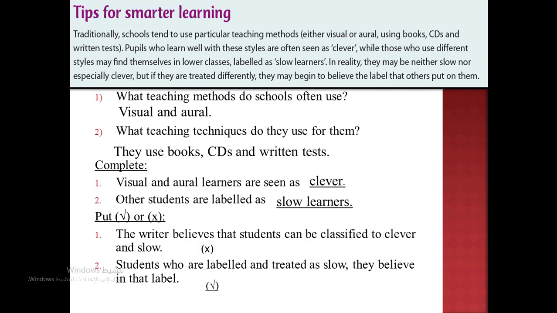Because in the last line, in reality, they may be neither slow nor specially clever, but if they are treated differently, لو تم التعامل معهم بطريقة مختلفة عن الطلاب visual and oral, they may begin to believe the label that others put on them, فهم هيؤمنوا بأنهم slow learners, وهم هيصير عندهم قناعة بهذه الفئة اللي هم تم وضعهم فيها.